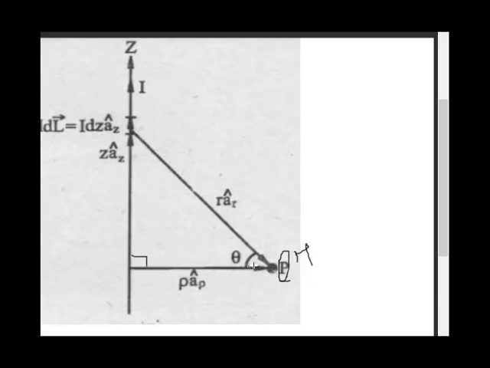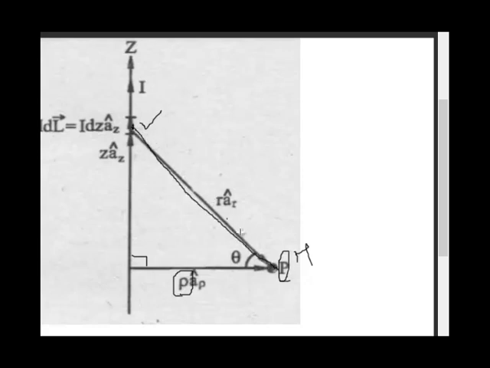The distance will be rho, and the source of the current filament is present here, and from that source point to the field point, the line will be the radial line.